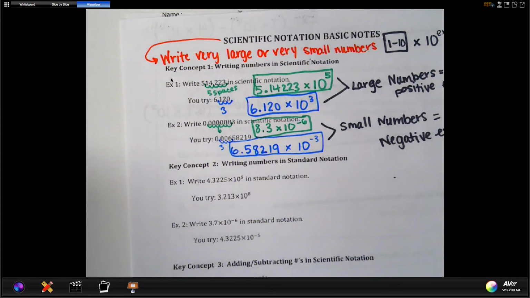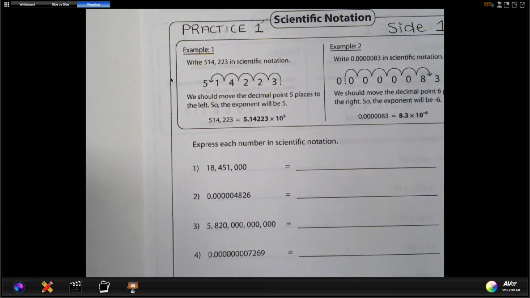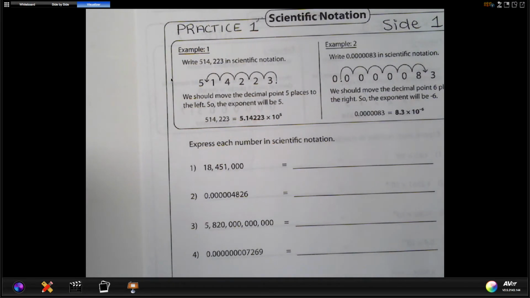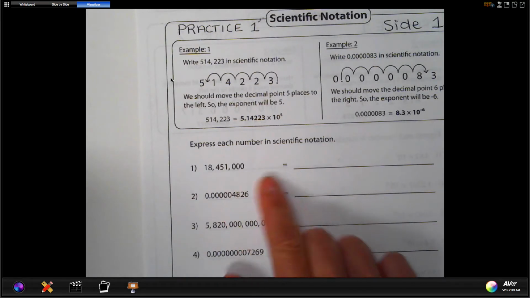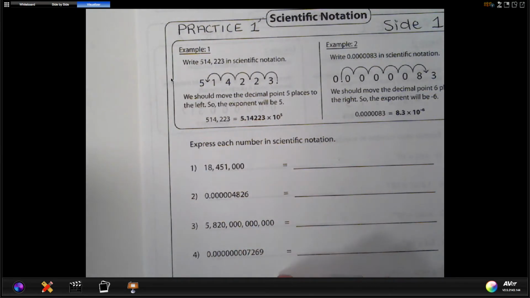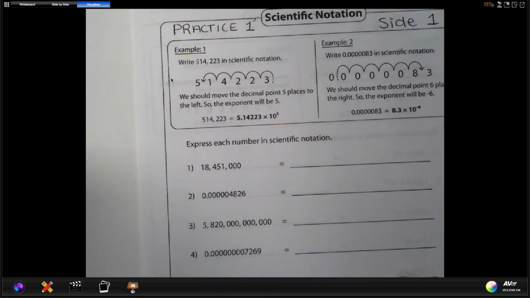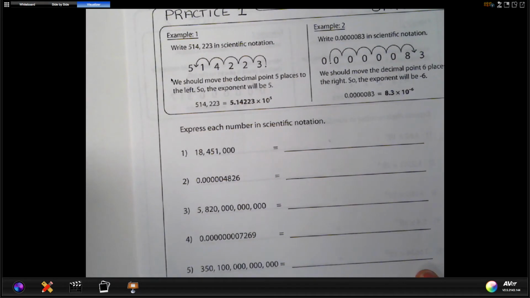Okay, so on the work that we have, extra examples today, on side 1, practice 1, I'll do 2 examples with you, and then I'll make a different video for writing numbers in standard. Okay, so scientific notation here, the first one on the worksheet that we've got is 18,451,000.